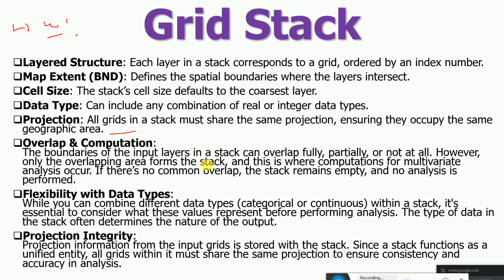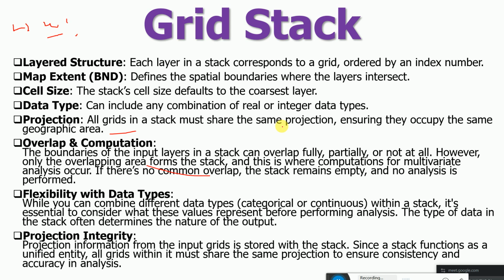Overlap and computation. The boundaries of the input layers of a stack can overlap fully, partially, or not at all. However, only the overlapping areas form the stack, and this is where computations for multivariate analysis occur. If there is no common overlap, the stack remains empty and no analysis is performed.